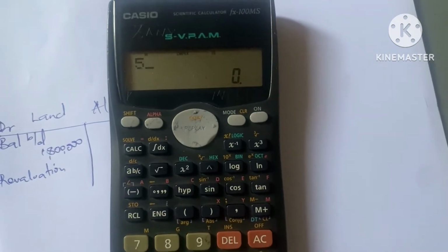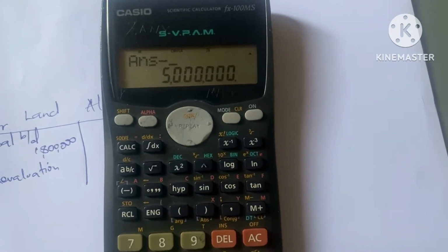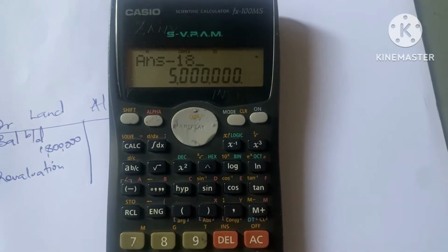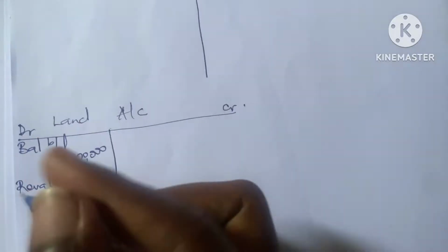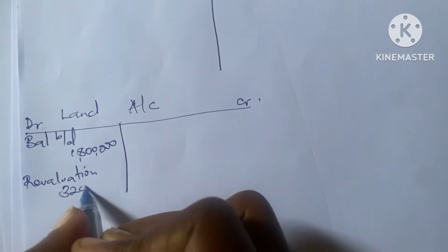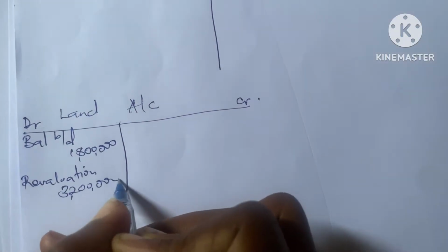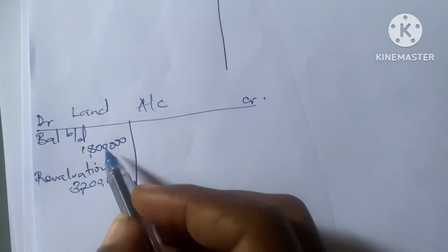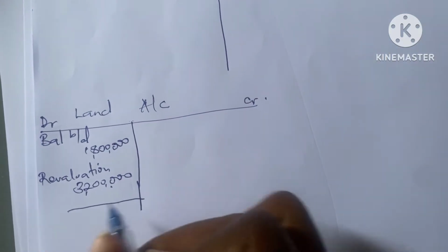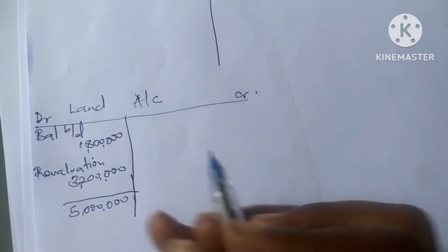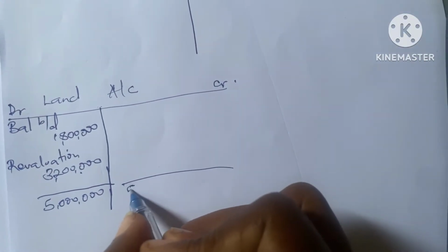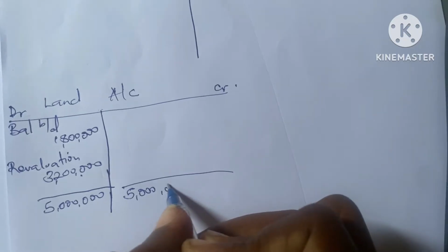So 5M minus 1.8, 5 zeros, it is 3.2. So 3.2 is the revaluation value, like that. So this plus this, what you get is 5M. Yeah, so you put the same figure here, 5M.